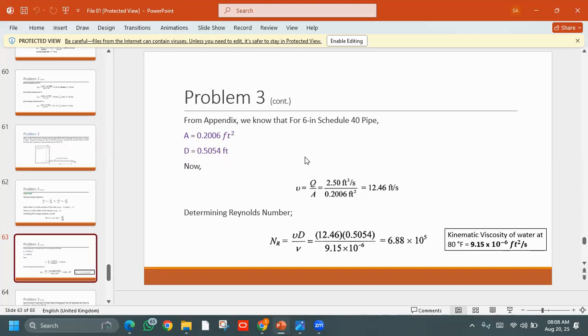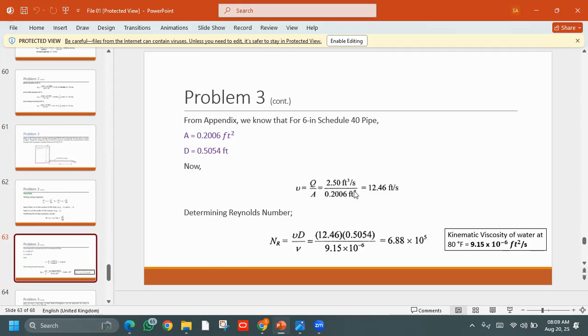Now let's move towards the next phase, which is the calculation of the Reynolds number. For that purpose, we have the diameter and the kinematic viscosity from appendix A2, but we do not have the value of velocity. To calculate the velocity, we divide the discharge by the area of the pipe.